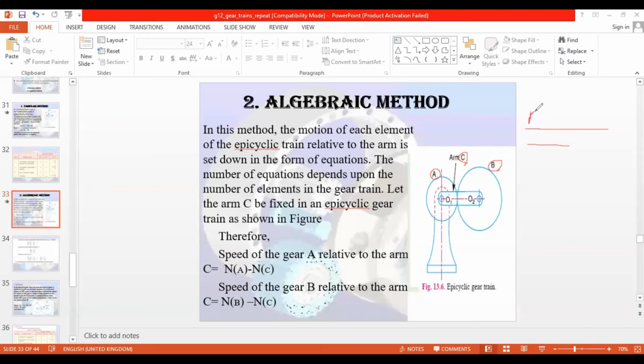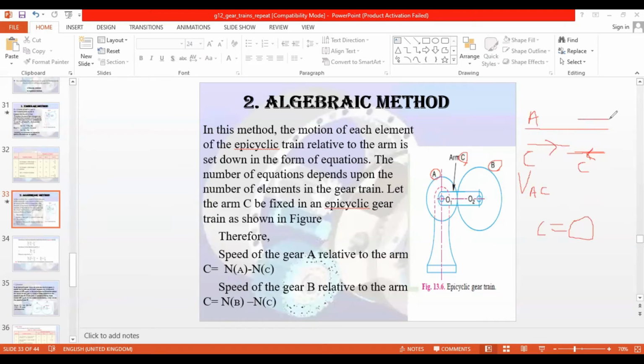If this is the velocity of A, and this is the velocity of C, in order to find the velocity of A with respect to C, what do we do? We apply an opposite, same velocity to C and to A. Opposite same velocity to C means now C is going to be 0. If C has a velocity this way and we apply the same velocity this way, the velocity of C is going to be 0.